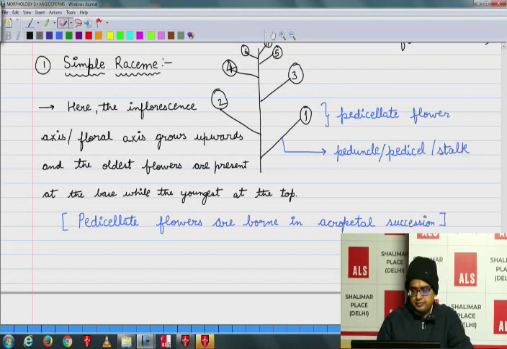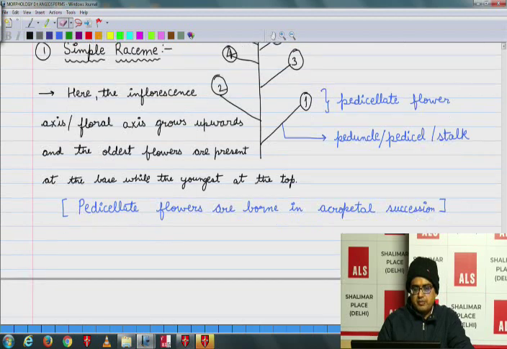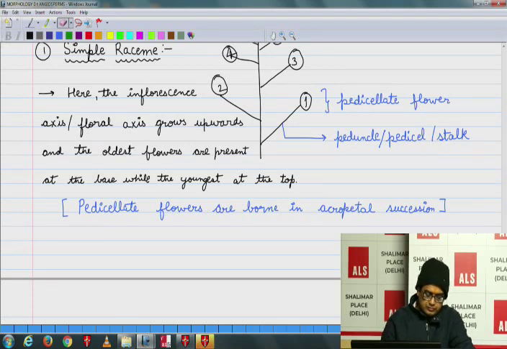Now then, can you give me some examples of simple raceme inflorescence? Yes? Nobody?